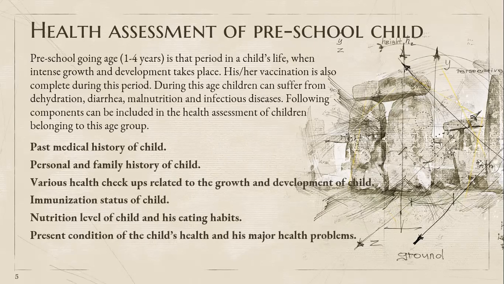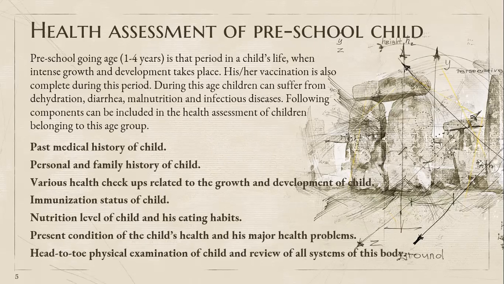Next, present condition of child's health and his major health problem. If there is any major health problem, we should assess that. And lastly, head to toe physical examination of child and review of all systems of the body. We should check this. This is regarding health assessment of preschool child.